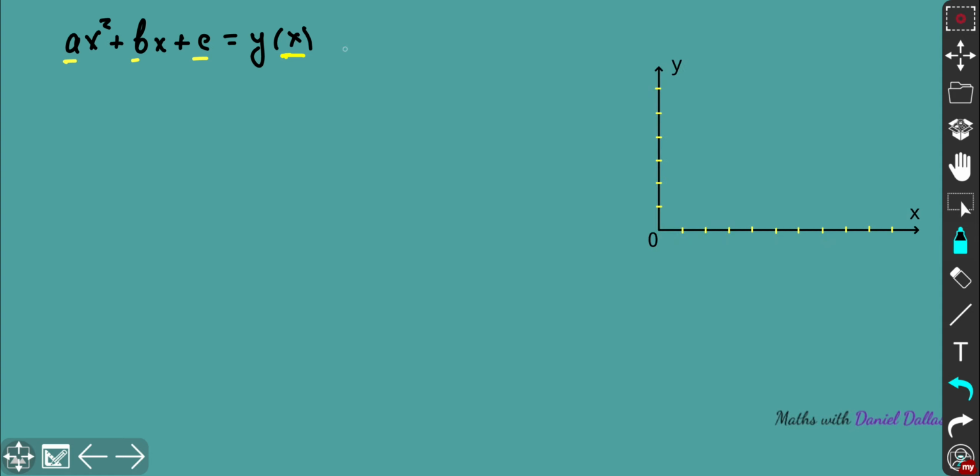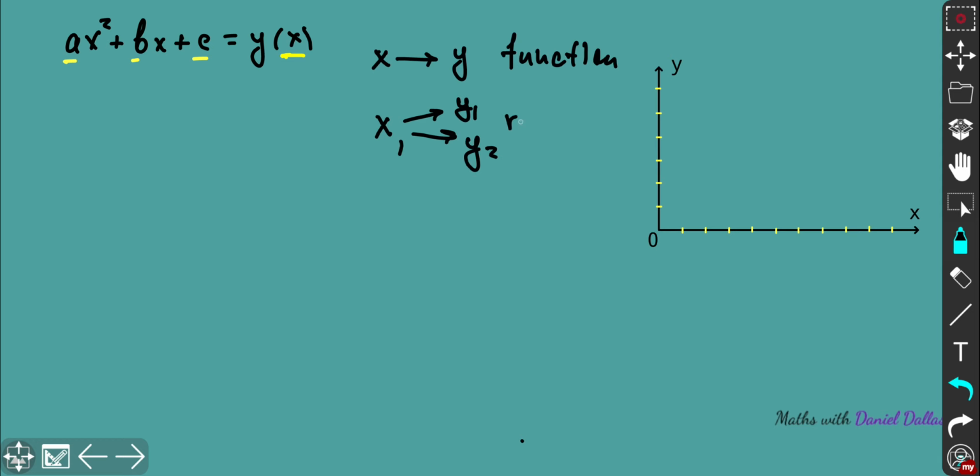It's not a relation, so you need to know the difference between relation and function. In this case, we consider it a function because for every single value of x, you get a single value of y, and that is what it means to have a function. In the case of a relation, you will have several y's. For one x, you might have several y's, let's say y1 and y2 for a given x1 value.